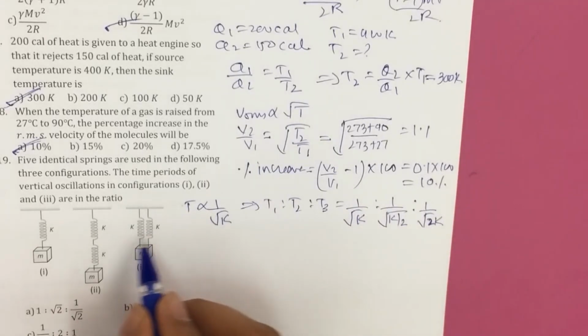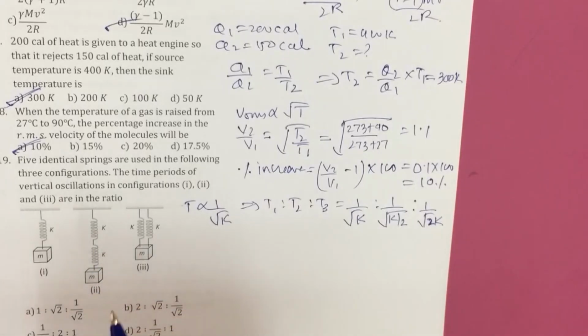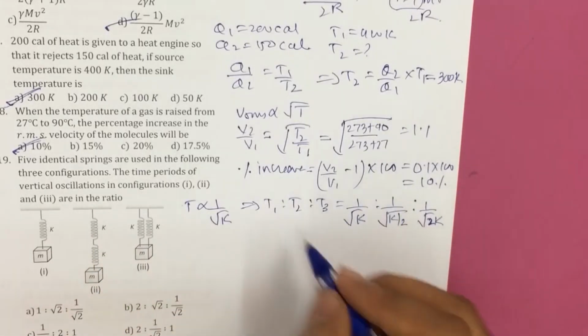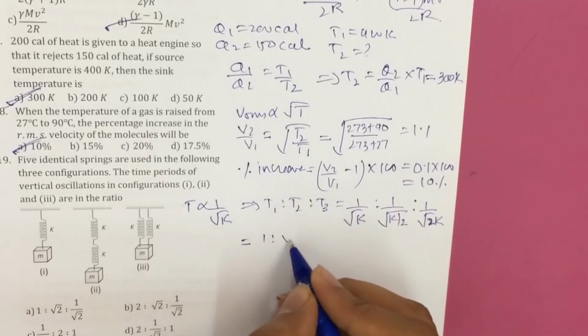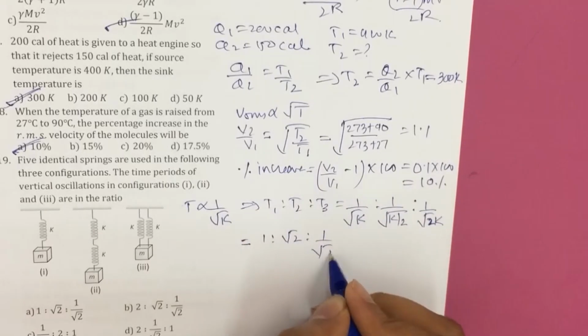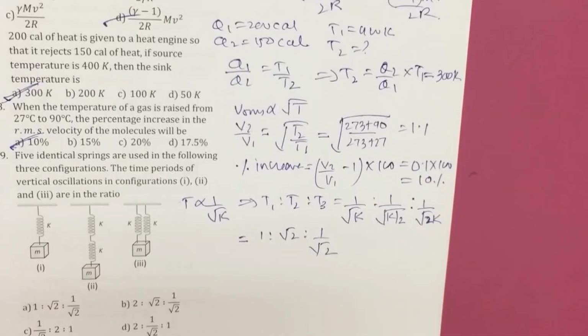So in parallel combination the K gets added up, in series combination it is basically K into K divided by K plus K. Now the K can get cancelled out and I will get 1 is to root 2 is to 1 by root 2 as the final answer. So your correct answer here is option A.